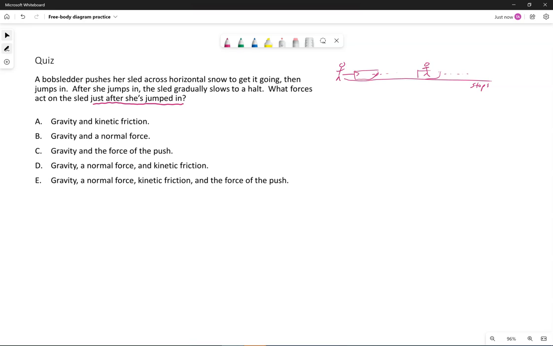Again, the period of time that is asked about is important. So this problem doesn't specifically ask for the free body diagram, but I'm going to include that as part of the answer because recognizing the forces is the first step in drawing the free body diagram.